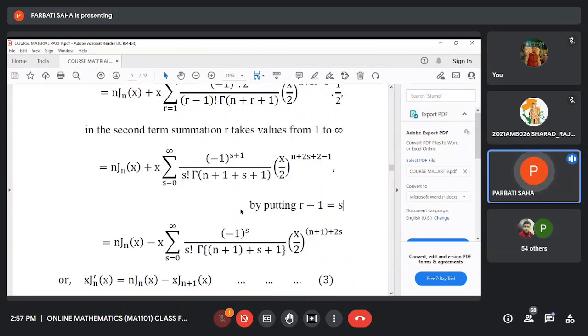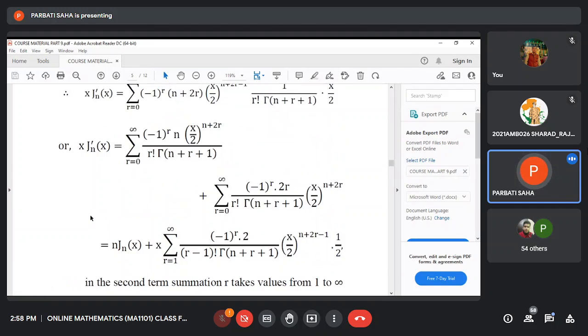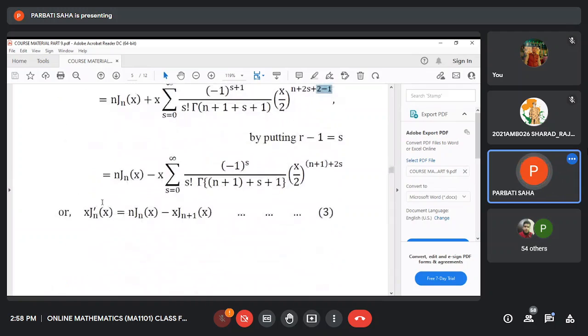Now the second term may be written as this, which is n plus 2s plus 2 minus 1, that is n plus 1. So it is actually J_{n+1}(x). If you observe this term and this term, then it is very clear that this is J_{n+1}(x) and this is n J_n(x). And we have started with x J_n'(x). So we have proved here that x J_n'(x) equals this.